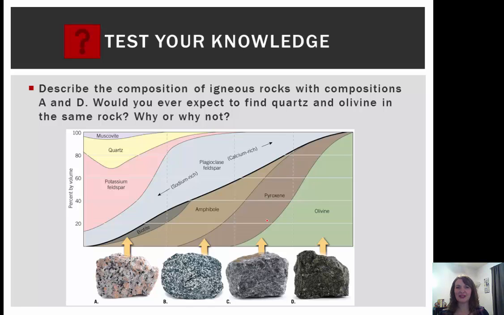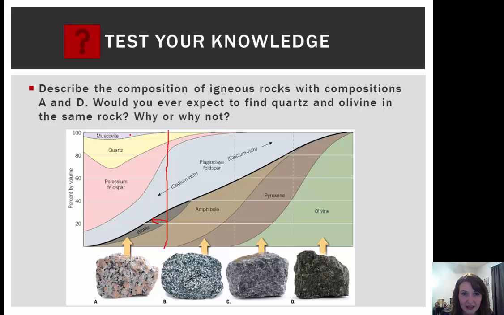Alright, so we're going to do a little test your knowledge. Describe the composition of igneous rocks with compositions at A and D. So at A, what I could expect to see would be muscovite, quartz. So I'm seeing that for A, it's this line, and we're looking at it in this direction.